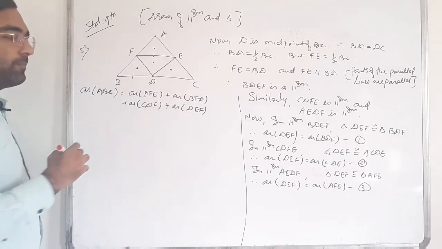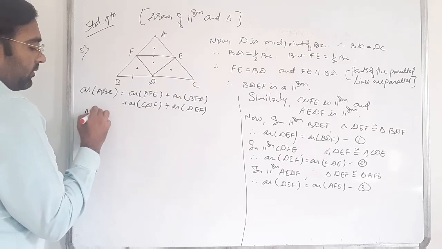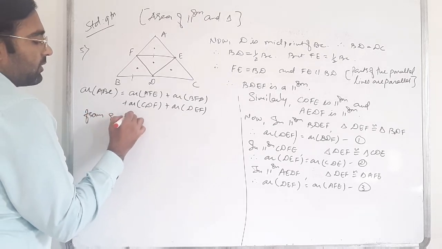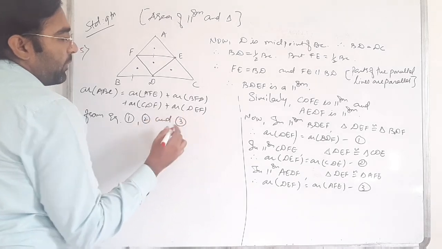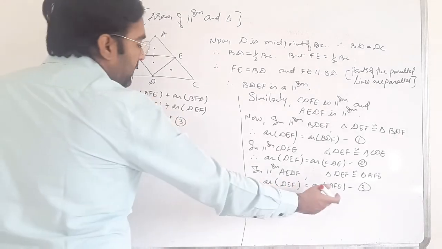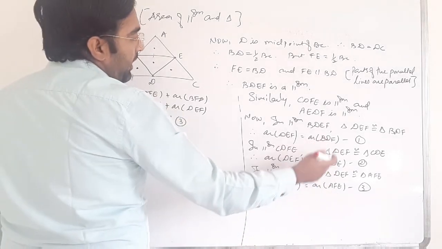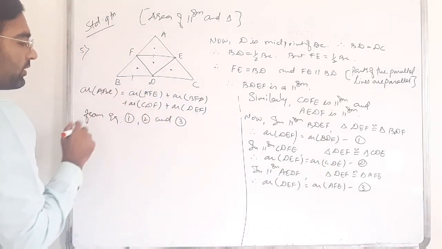From equations 1, 2 and 3 we put the values of AFE, BFD and CDE into this equation.